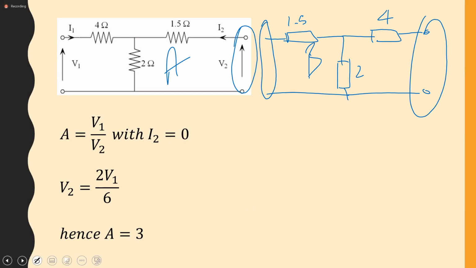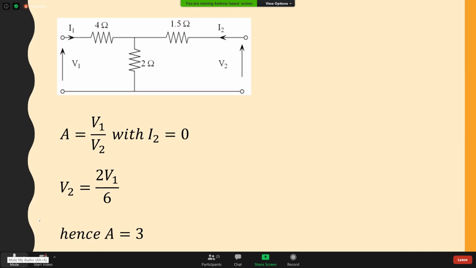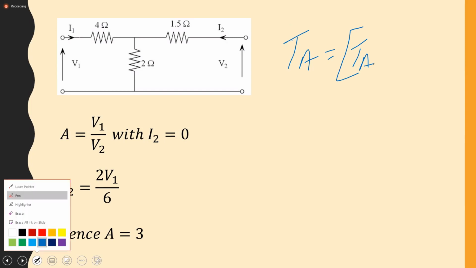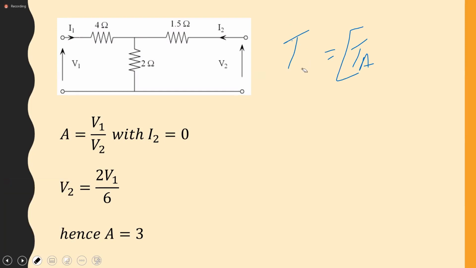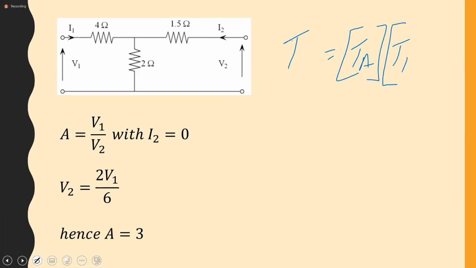So I'm going to start by analyzing network A. And because they're in cascade, we know that the overall transmission parameters would be equal to the product of the transmission parameters of A times that of B. All right?